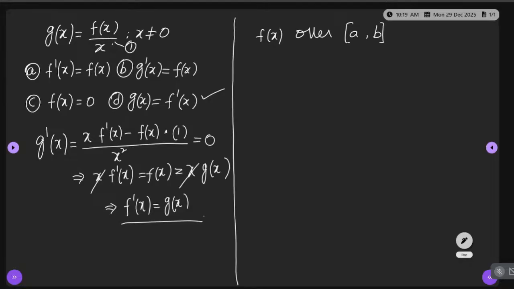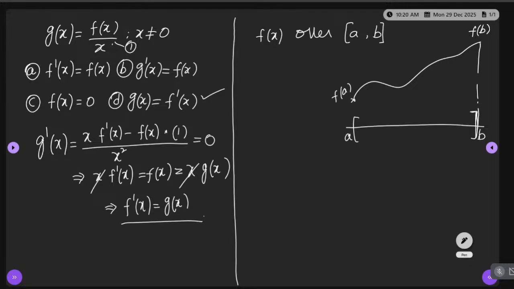I'm not saying open, it includes A and B. If it is like this, over A, B, this is f of A, this is f of B.